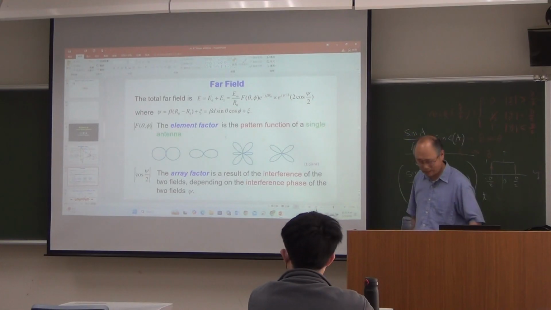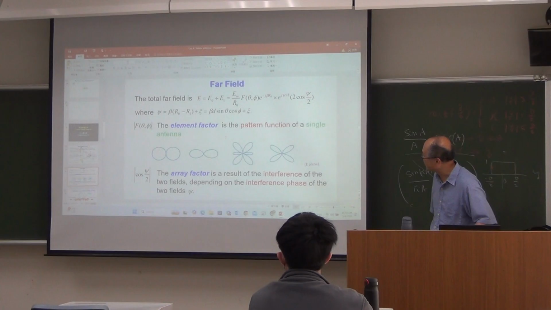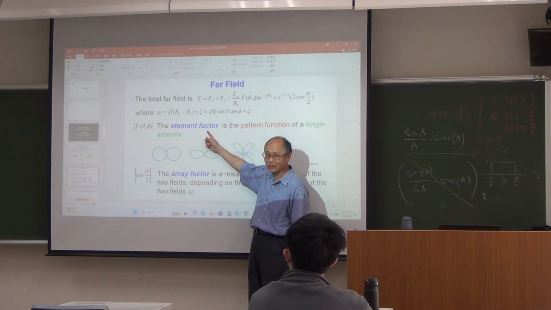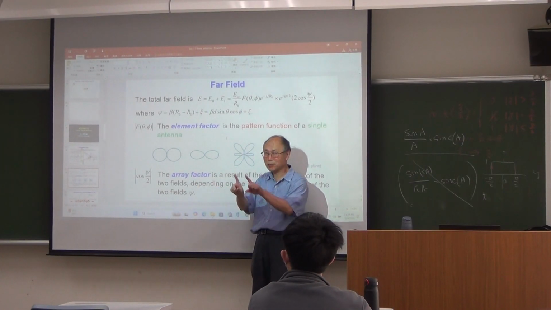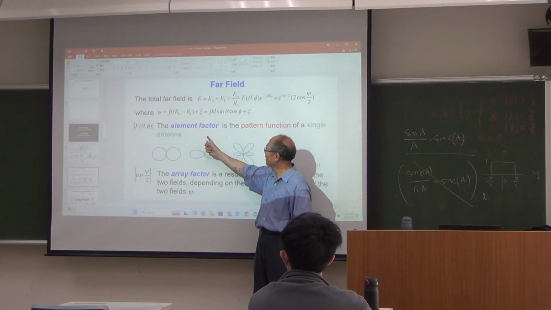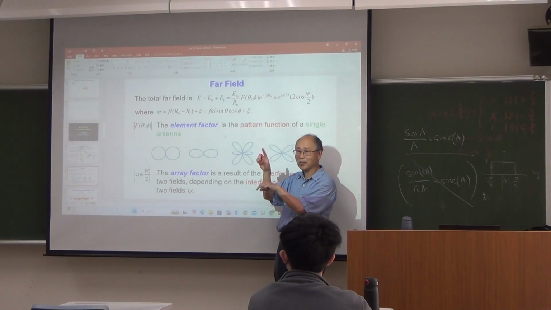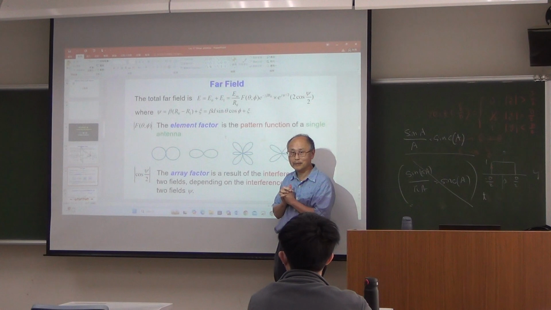That is given by the multiplication of two terms. One is the element factor, the other is the array factor. The array factor tells you the interference of the two antennas. The element factor is the antenna pattern of a single antenna. Right?